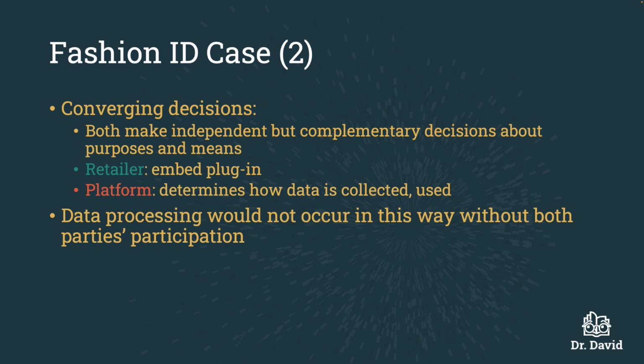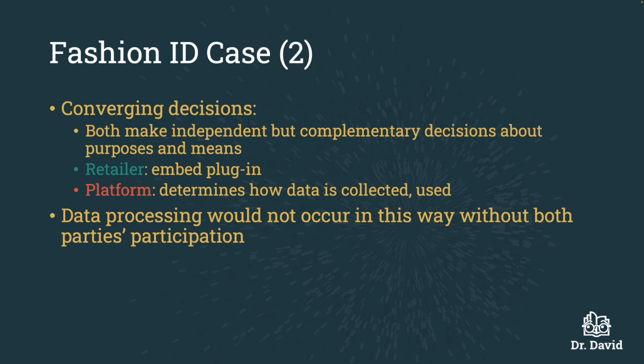The retailer embedded the plugin. The social media platform determined how the data was collected and used. The data processing would not have occurred in this exact way had it not been for both parties' participation. So again, this is an example of a converging decision.